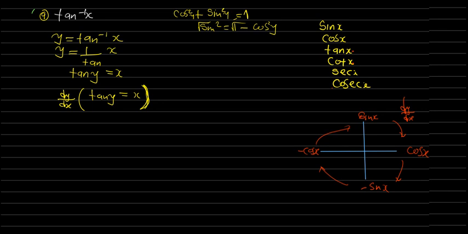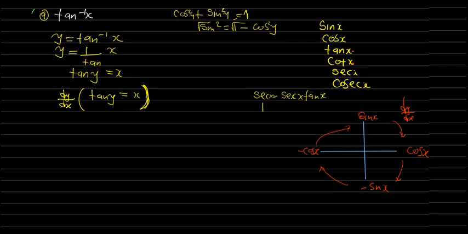Whenever I differentiate sec, the dy dx of sec x will give you sec x again, then tan x.